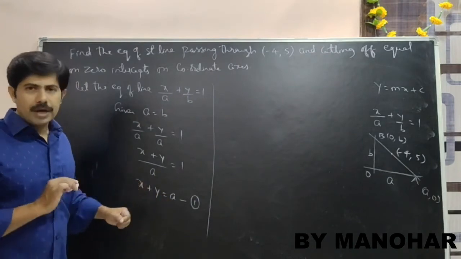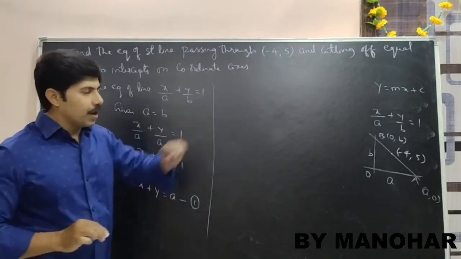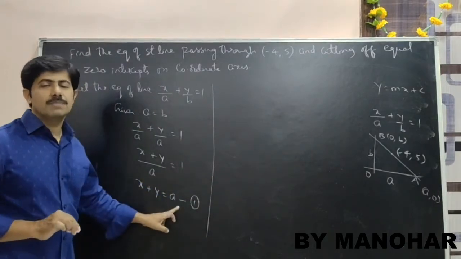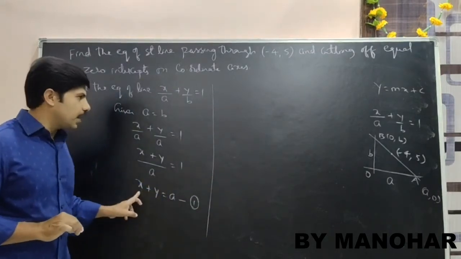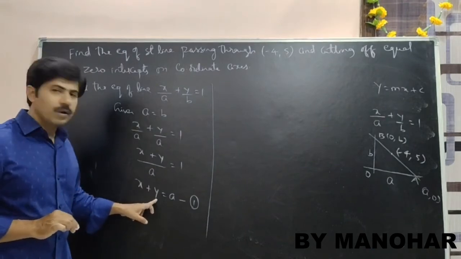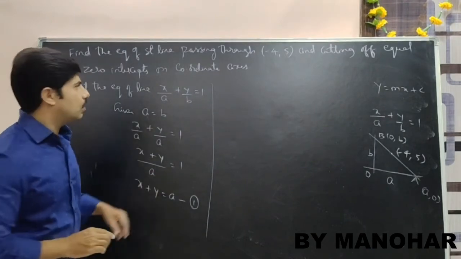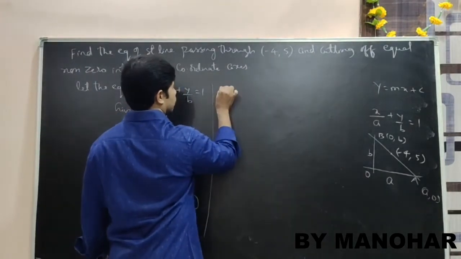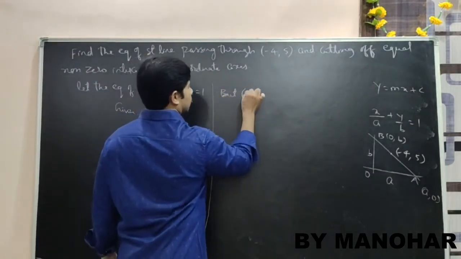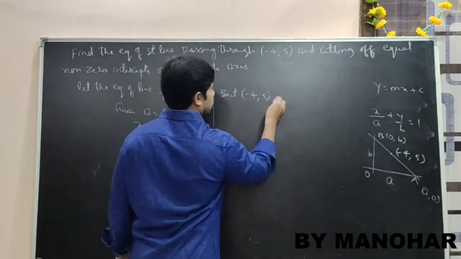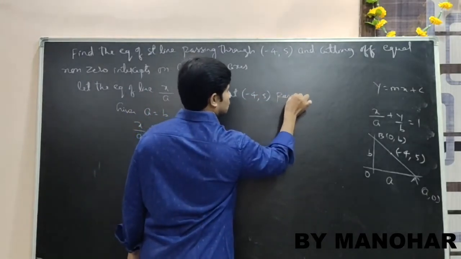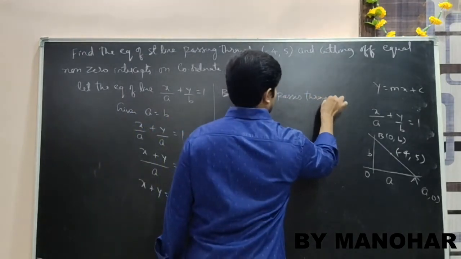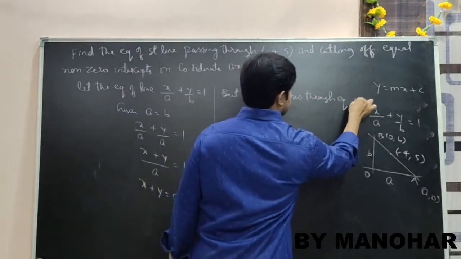Now whenever a point passes through the line, that point (-4, 5) we have to substitute in this equation. Substitute means instead of x you write -4, instead of y you write 5. So (-4, 5) passes through equation 1.